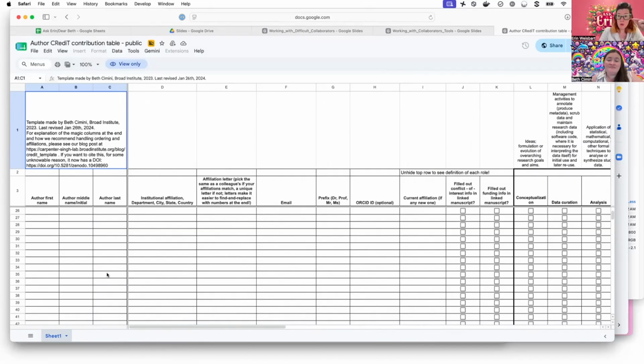However, we want to make sure that we have captured that information so it's not forgotten and so that we can acknowledge them. Because it's nice to acknowledge any individual who has contributed in some way, even if they don't merit authorship. And as a specialized service facility or core facility, it's super important for funding so that we can continue to exist as a core facility. That acknowledgement really does make a difference.